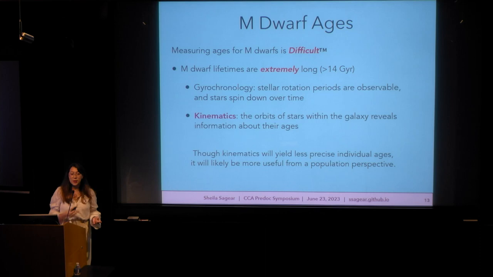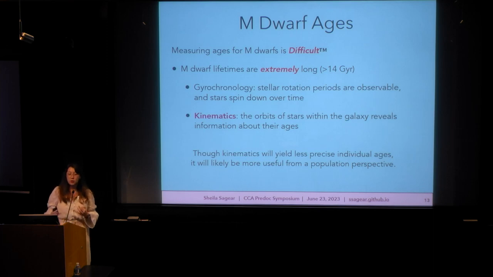One of these ways is by using gyrochronology. We know that stars' rotation periods change throughout their lifetimes, and stellar rotation periods are observable through Kepler transit light curves, ZTF, time series data, essentially. Or kinematics. So we can really understand how the stars orbit within the galaxy.